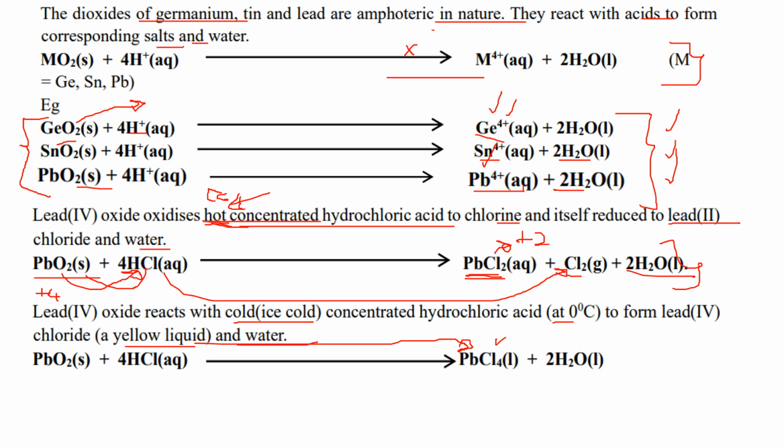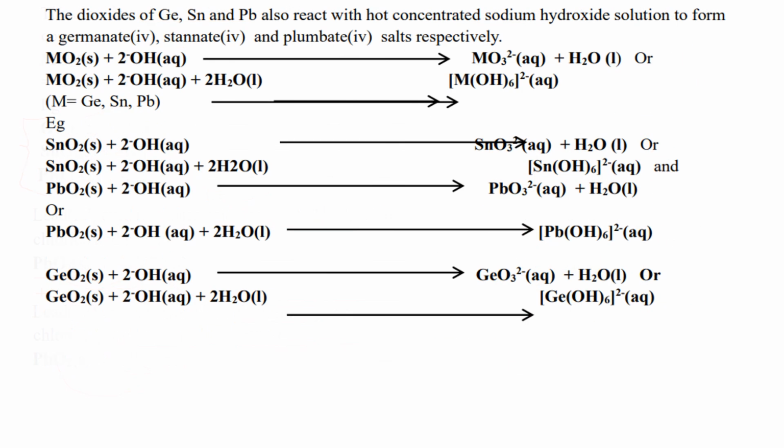So when you use concentrated hydrochloric acid in excess, you form a colorless solution. So from yellow liquid to a colorless solution, and the yellow liquid only forms because it's not a complex ion. So lead oxide reacts with cold concentrated hydrochloric acid to form lead chloride together with water.